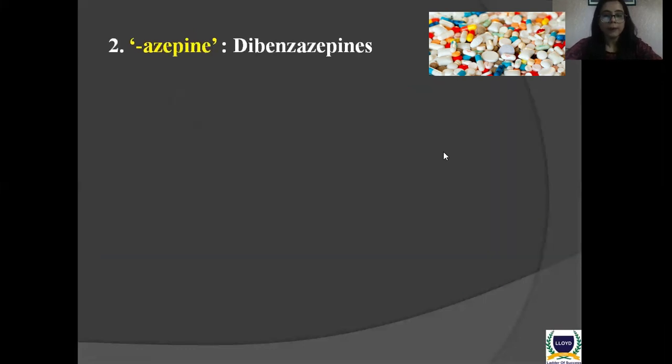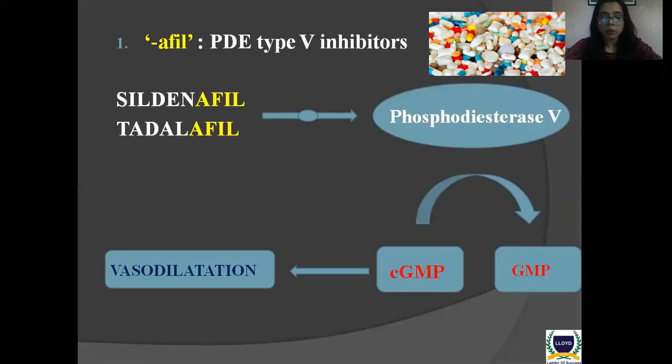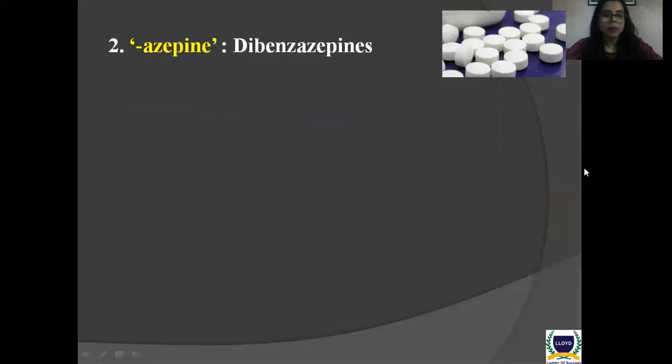In this way, PDE type 5 inhibitors are used as vasodilators. Particularly, they are used in the treatment of erectile dysfunction.